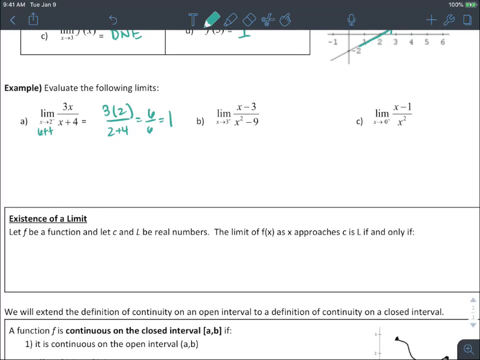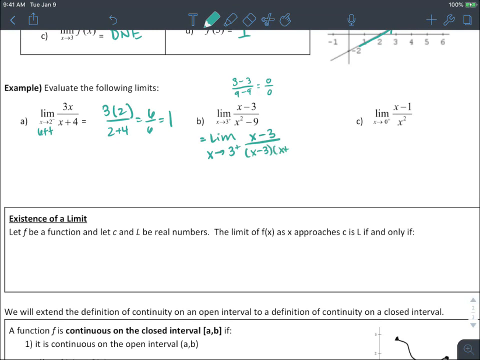The next one, if I plug in 3, I get 3 minus 3 over 3 squared, which is 9, minus 9, which gives me 0 over 0. That's an issue. I know that 3 will make me undefined, so I have to do some fancy stuff here. So let's factor. The limit as x approaches 3 positive of x minus 3 over x minus 3 times x plus 3.